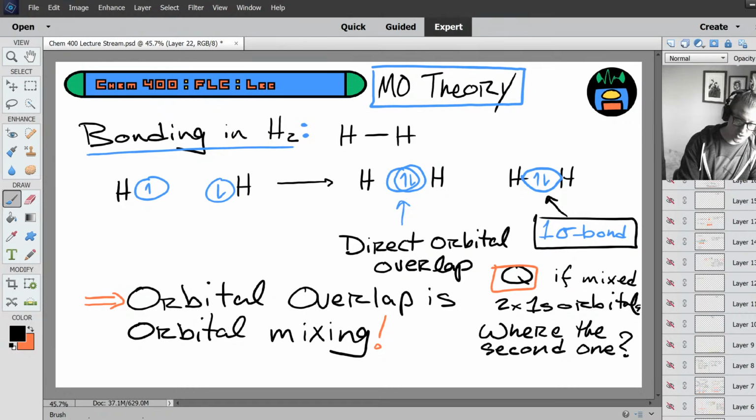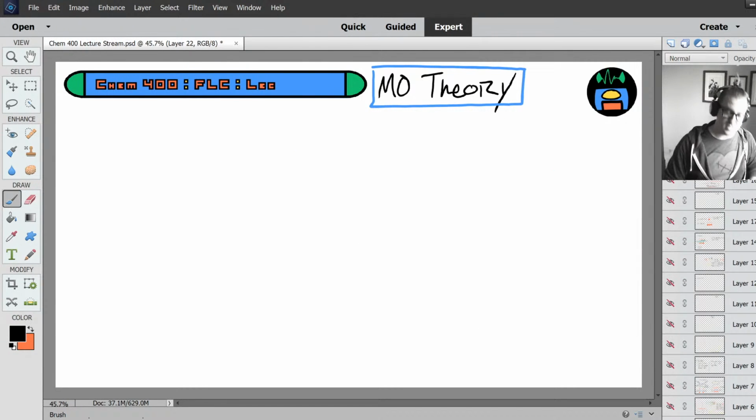The answer to that question is slightly disturbing. Turns out that every time we've formed a bond, we've also created a second orbital.